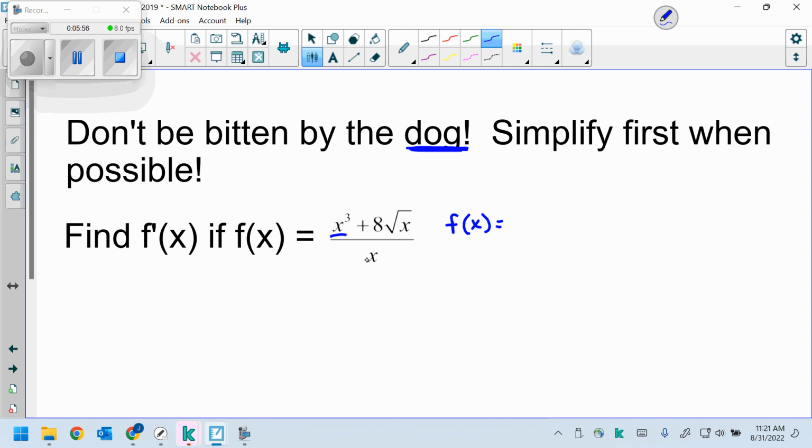See, this divided by this is x squared, plus this divided by this, 8 x to the, well, this is x to the half, this is x to the 1, you subtract the exponents. So what's f prime of x?